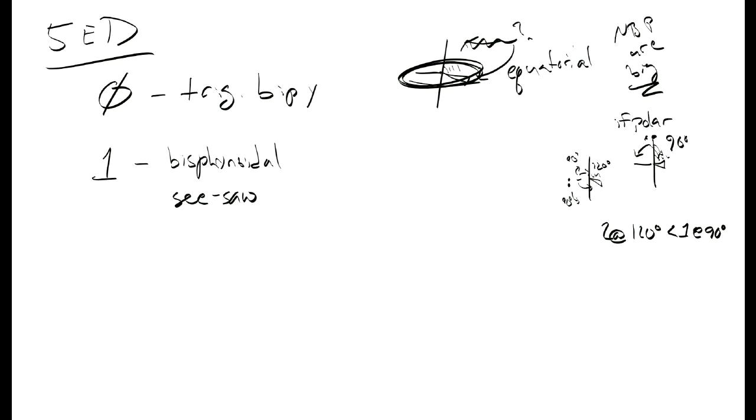So seesaw is also okay. And that's because it looks like this. Okay. You've removed one of the three around the equator. If you were to turn that on its side, it looks like a teeter-totter or a seesaw. Okay. But the technical name, and thus the better name, is bisphenoidal.